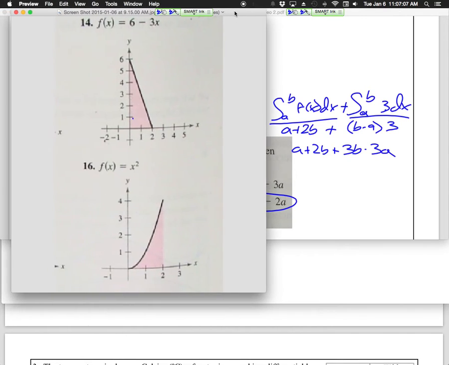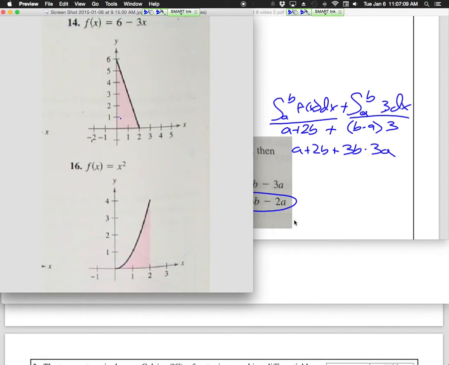On these next problems, they are going to give you the graph of a function, and a region of that function that is shaded. They want you to set up the definite integral that will yield the area that is shaded.